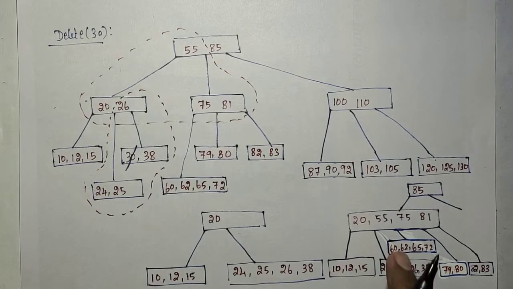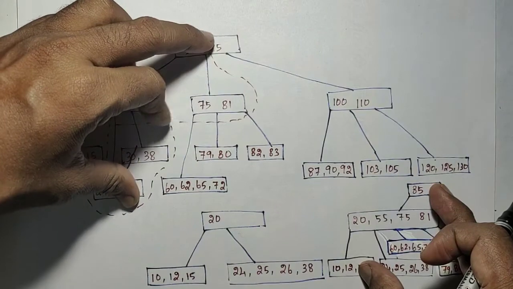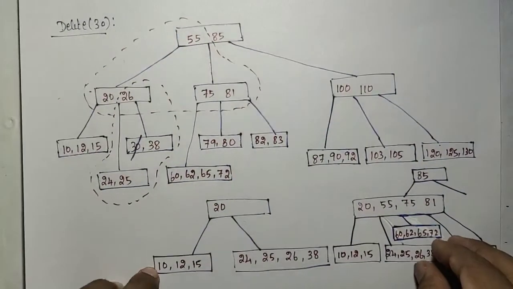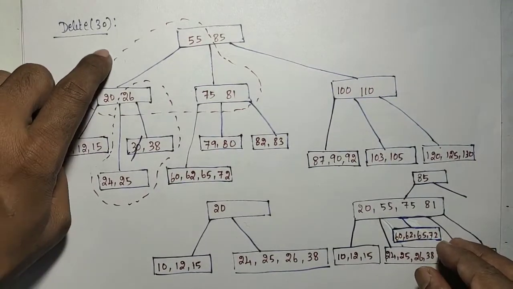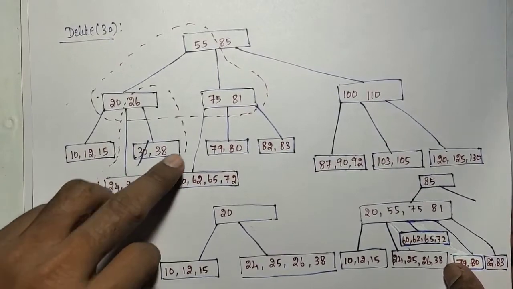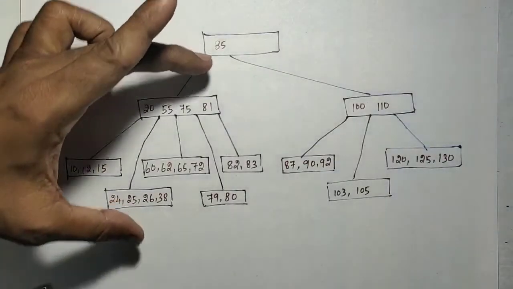If you substitute this to here, we will obtain a new tree. After deleting 30, this node gets merged, and again the parent gets merged, so we are obtaining this tree.